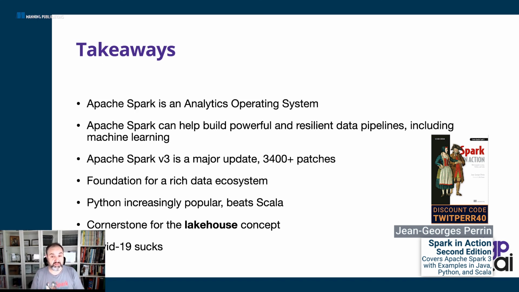Python is increasingly popular. That's why I did not use it. It beats Scala. I can't be sad about that. But it means also that I've got to do more and more Python on my side. And the cornerstone of this lakehouse concept is really Apache Spark. And unfortunately, one of the conclusions is that COVID-19 really sucks. I'm sorry, we've got to go through that.